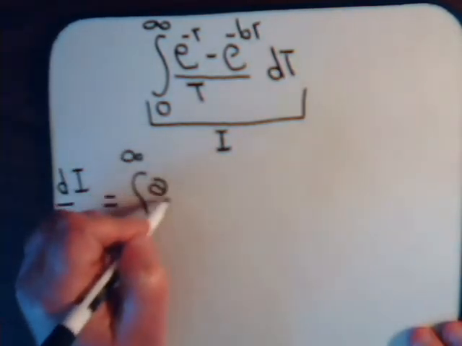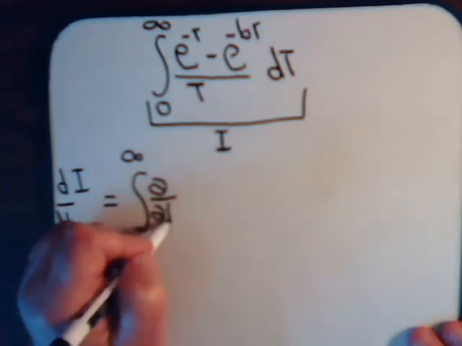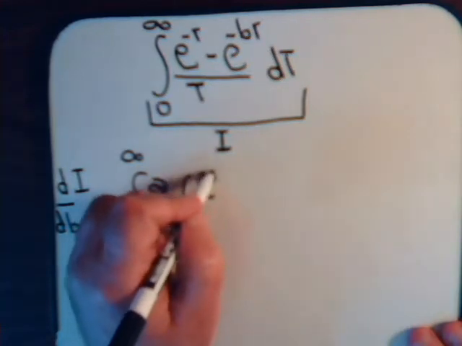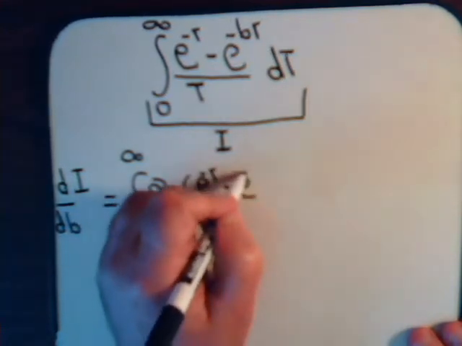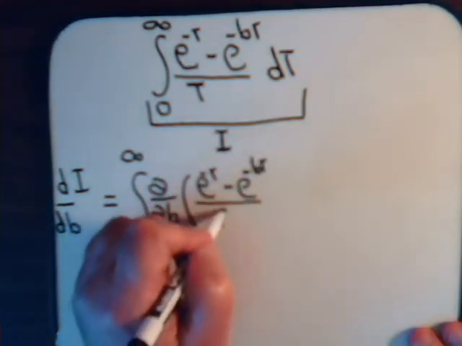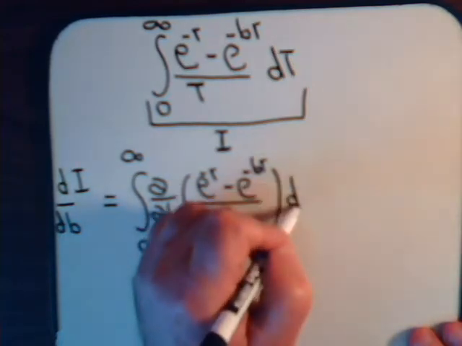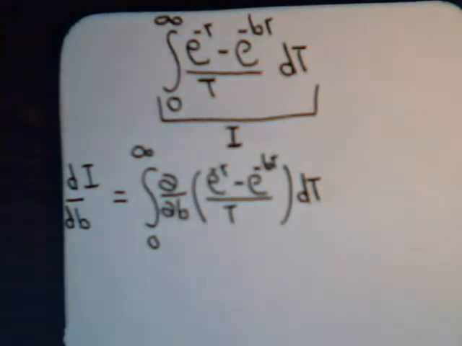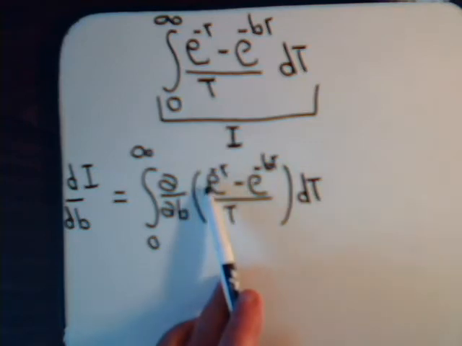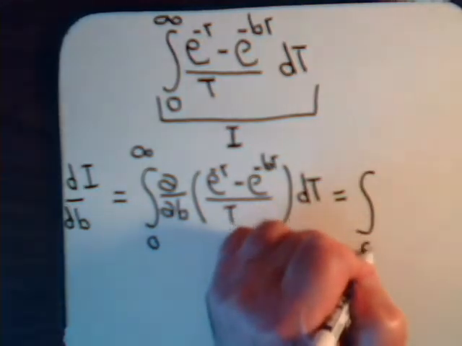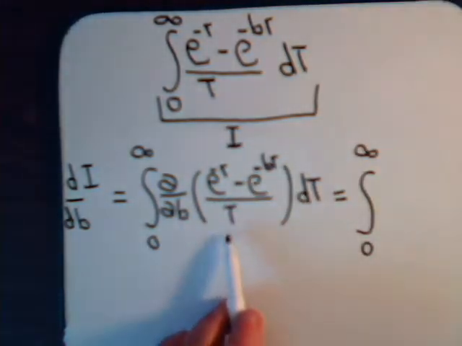So we have the partial with respect to b of (e to the minus t minus e to the minus bt) over t, dt. And taking this partial derivative, the first term is 0. We have 1 over t.